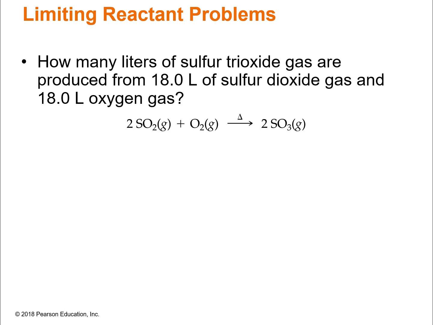How many liters of sulfur trioxide gas are produced from 18 liters of sulfur dioxide gas and 18 liters of oxygen gas? So if we didn't have the title of limiting reactant problems, we would say, okay, I've got given information for 2 reactants, and I need to figure out how much product.